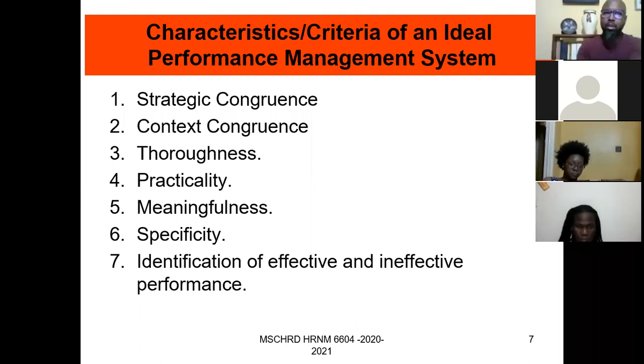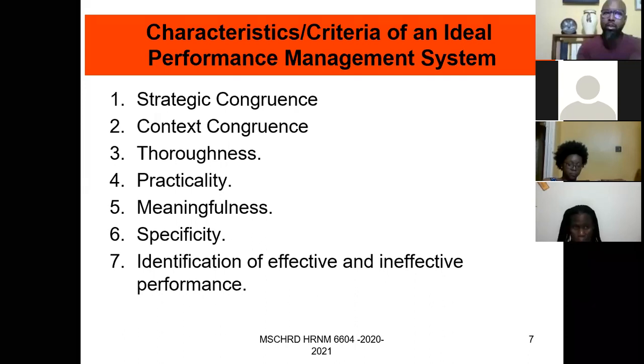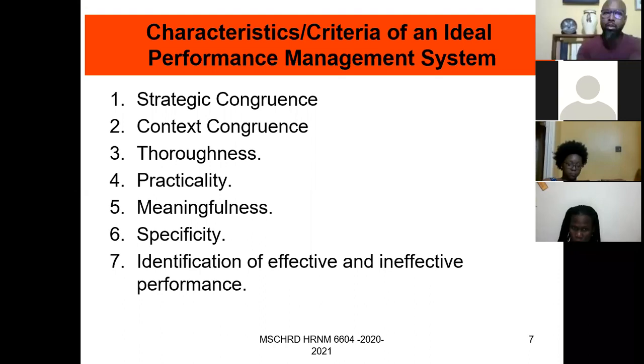When we speak about thoroughness, we speak about the fact that the system should be able to measure all the major dimensions, the major responsibilities of the employees. And they should be evaluated for an entire period. The system should also allow for feedback. So whatever is to happen, the system must be thorough.